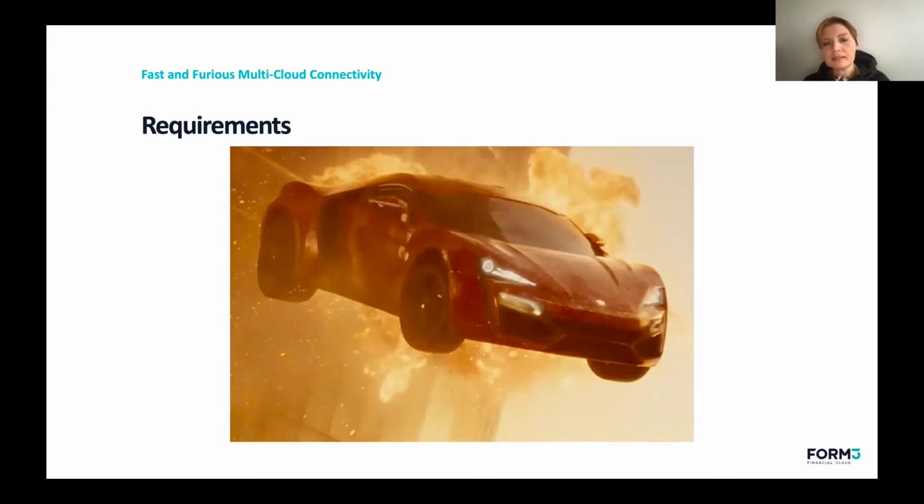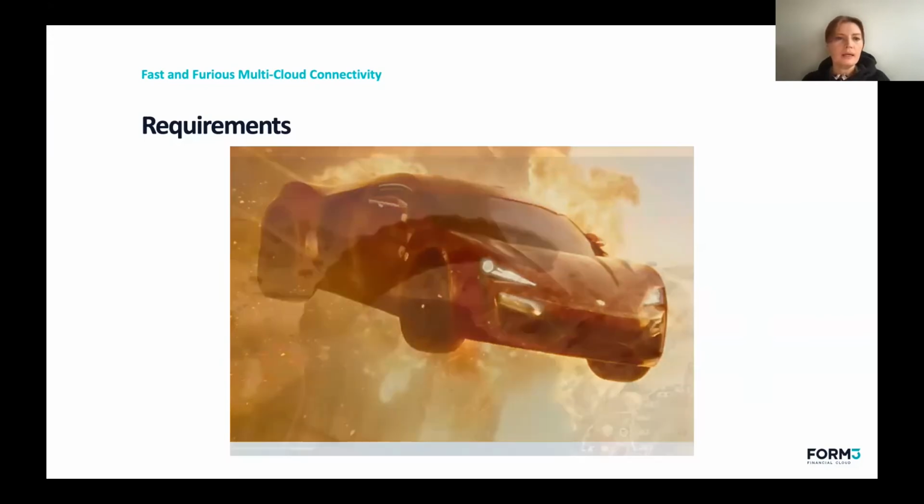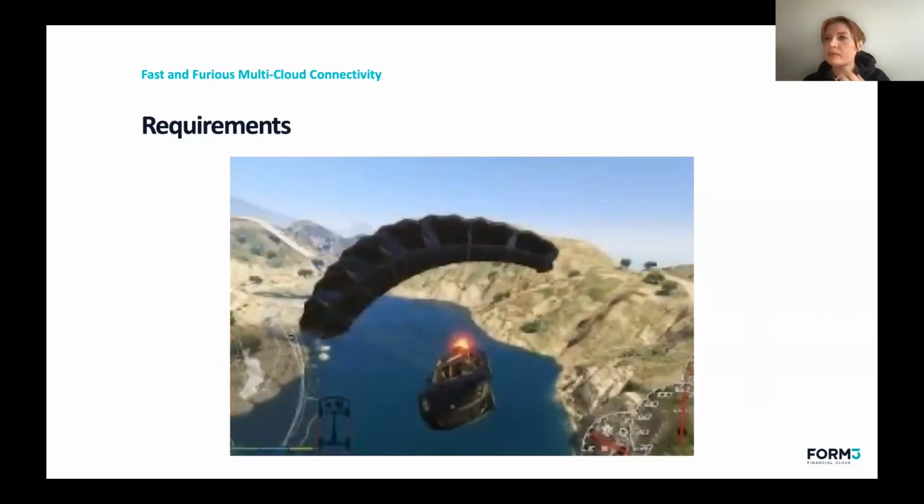Other than that, we have very, very high, I would say even insanely high requirements when it comes to reliability and security. And obviously, we want to get things done, so we need a safe landing, and we need to make sure that our approach is actually feasible.